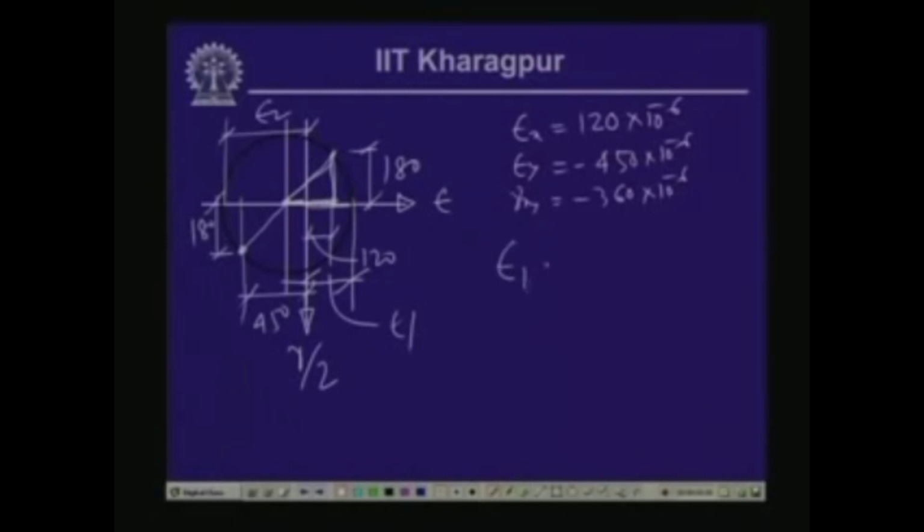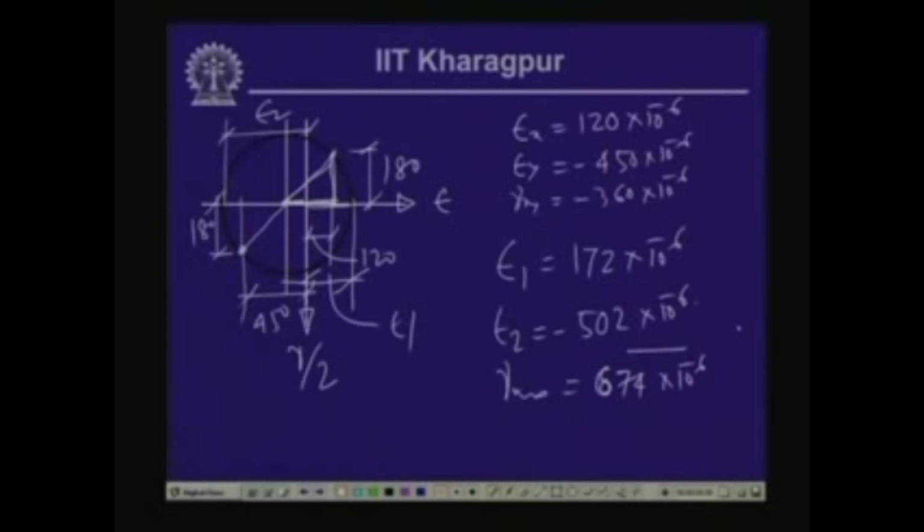Epsilon 1 comes out to be 172 into 10 to the power minus 6, and epsilon 2, which is negative, comes out to be minus 502 into 10 to the power minus 6, and gamma max, the shearing strain, comes as 674 into 10 to the power minus 6.